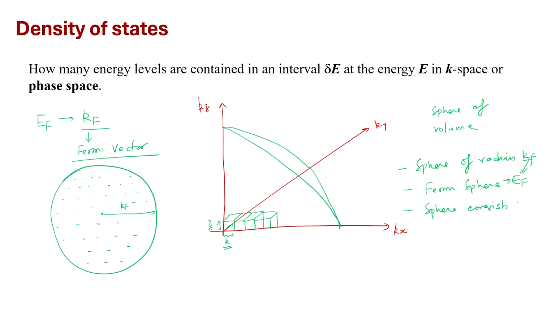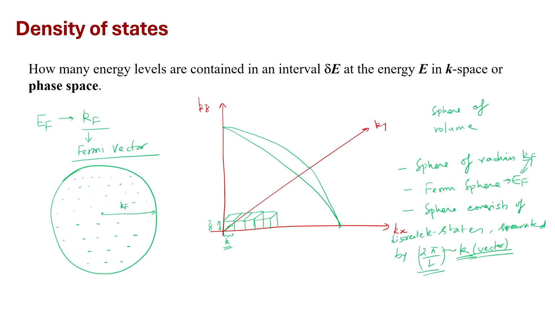This sphere consists of individual, or discrete, k states separated by 2 pi by L, which is nothing but the k vector.